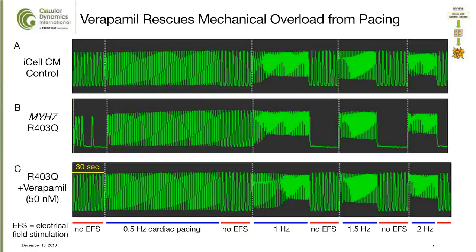We looked at the effect of verapamil, and we showed that verapamil will reverse this effect and allow the R403Q cells to begin beating again spontaneously after pacing at these high frequencies is stopped. So this is an example of a unique phenotype to these cells that can be reversed with chemical inhibition of calcium channels. One could possibly use this to look at a phenotypic screen for compounds that will have a similar effect.